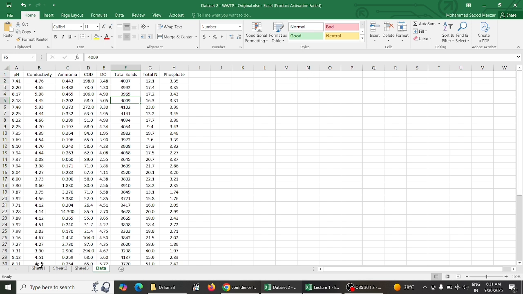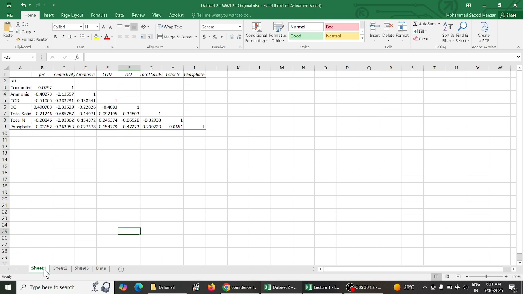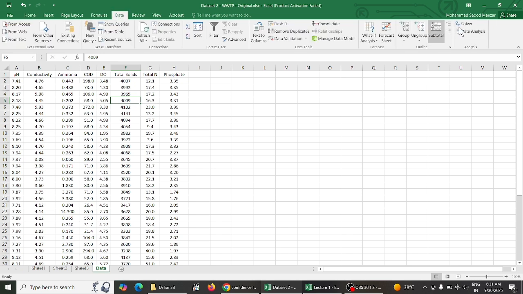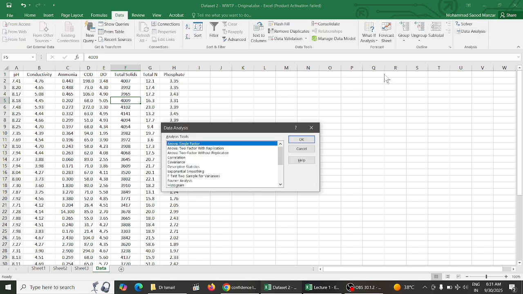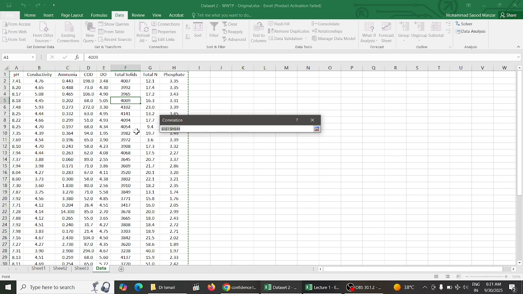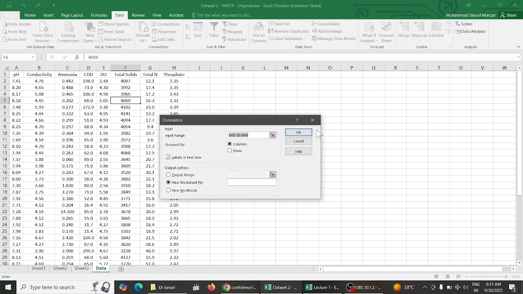For example, if we have to do the correlation of this data, as we discussed earlier, we will go to the data analysis tab, and then we will select correlation. Okay, and then we will select the data, the array of data that we have from A to H14.